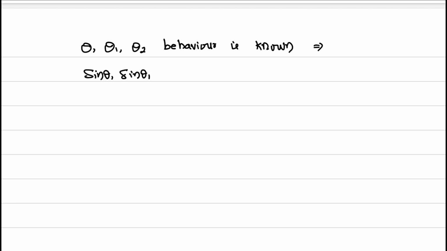Now, you tell me, when you know the behavior of the angle theta 1, theta 2, that implies sin theta 1, sin theta 2 behavior can also be known, as the sides' behavior is known.